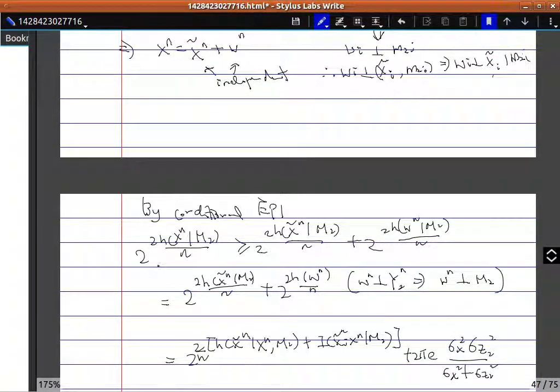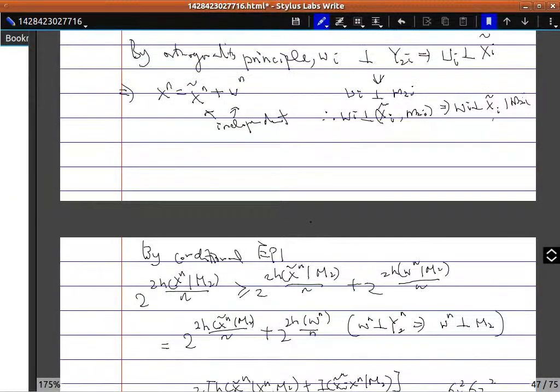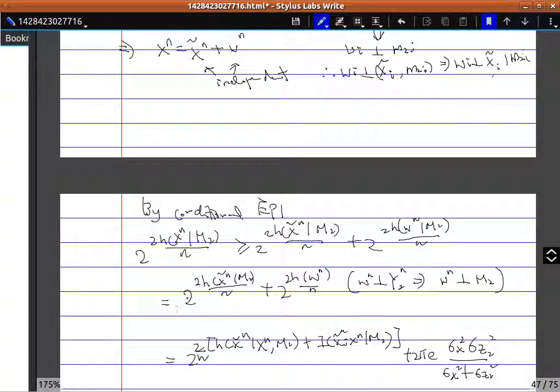Now, with this conditional entropy power inequality, we can write this here, h(W^n given M2).